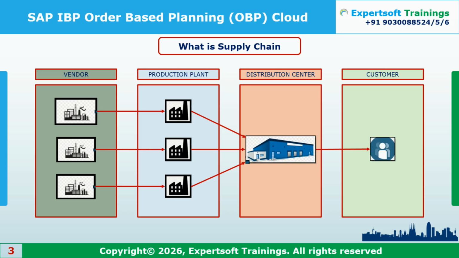From the SAP side, we have SAP APO and IBP, right? So APO was there almost 2 decades in the market, but SAP is going to stop the support, and it stopped development in the area of APO. Now, as a replacement for APO, we have Integrated Business Planning. It's a cloud-based solution.